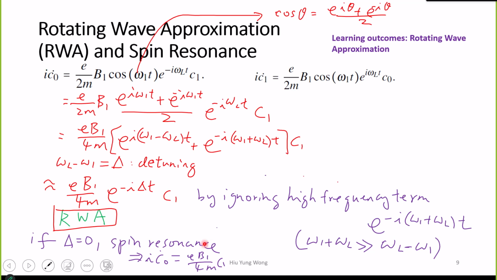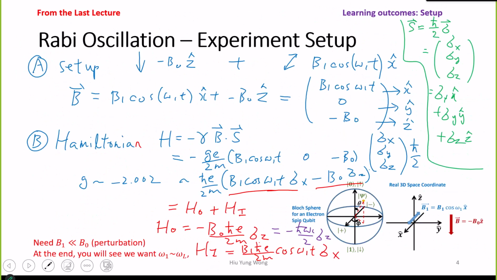And why is it called resonance? I already told you. If the normal precessing frequency is the same as the oscillating magnetic field, the magnetic field just keeps tracking the qubit state. They resonate, they have the same frequency. It's just like real resonant interference. Whenever you are in the x direction, I'm pointing at you.